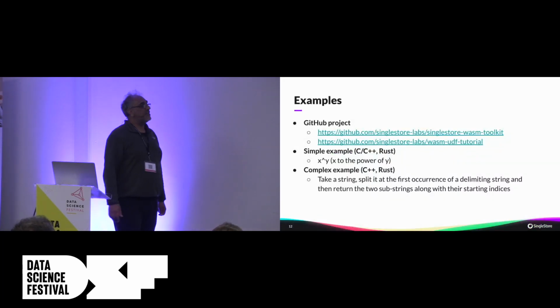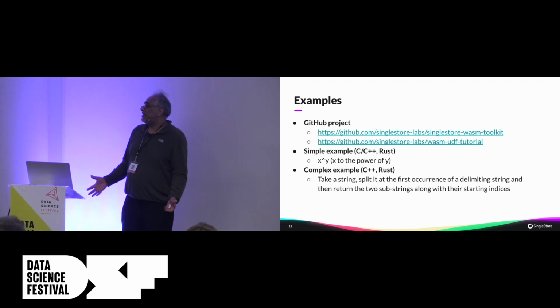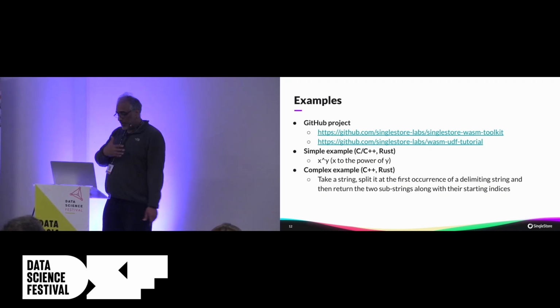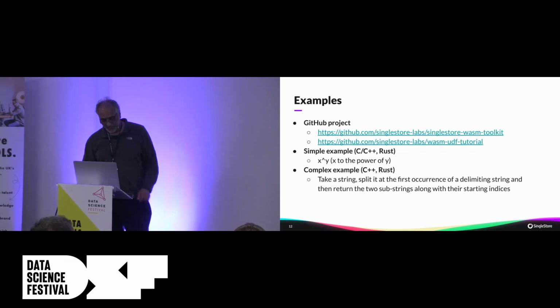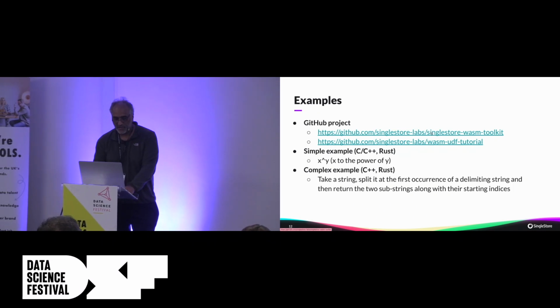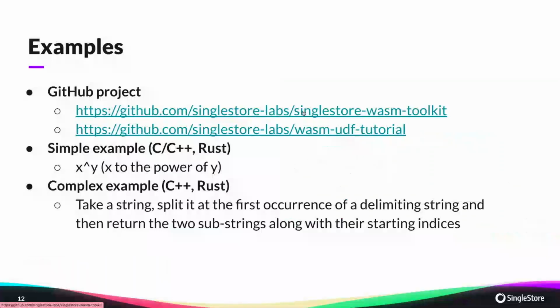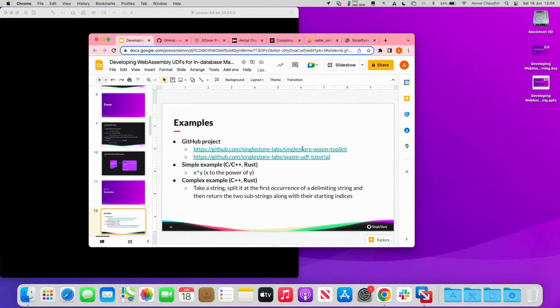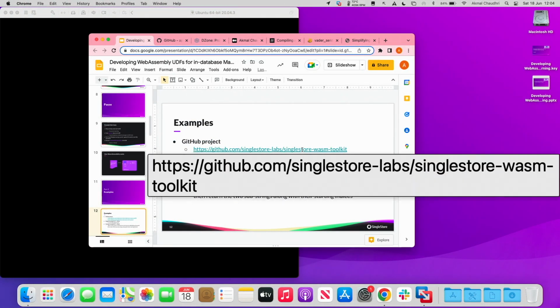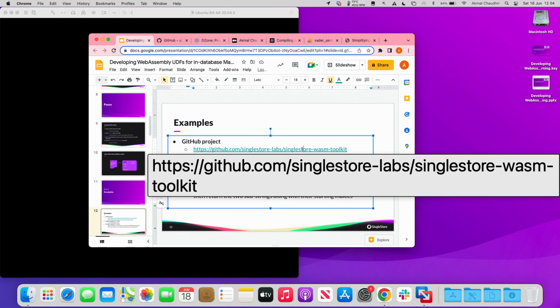If you're interested and you'd like to get started quickly, okay, there's a couple of places you can go. The best place to go, let me just see if I can do this. It doesn't like that. Perhaps we can do it from here. There we go, okay? So GitHub, SingleStore Labs. All right, so that's the GitHub repo. That's the top-level repo, and if you just drill down in there, you'll come across a couple of things.